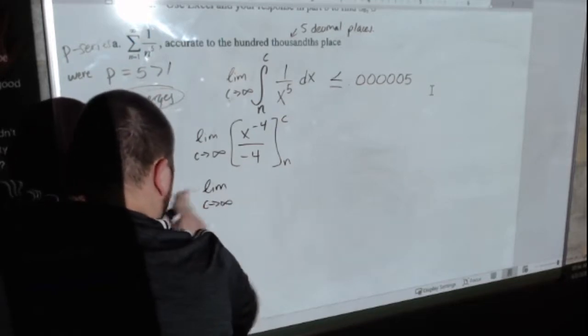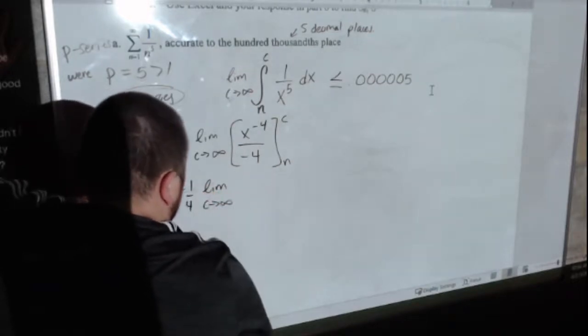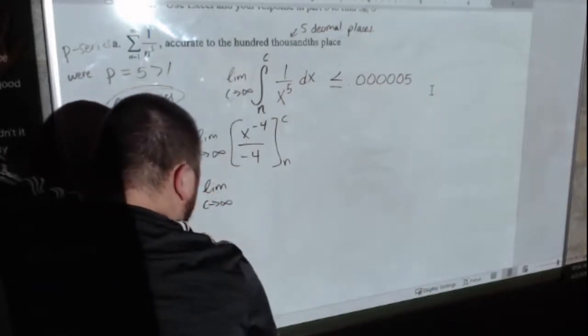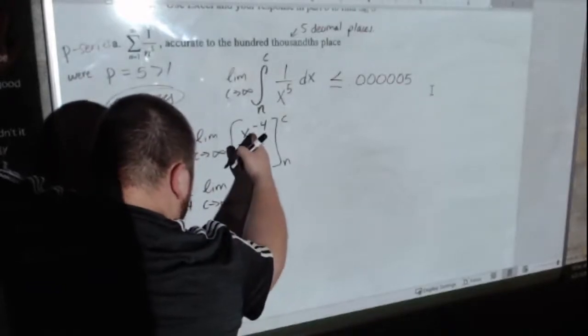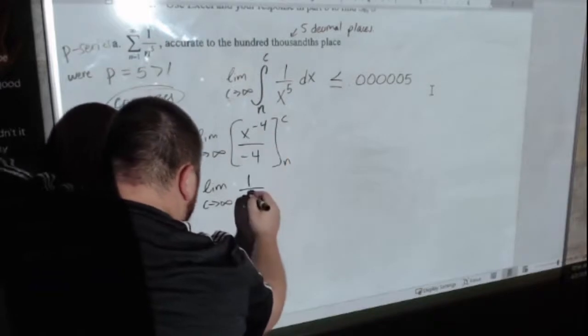I'm going to pull the minus 1/4 all the way out front, and this is now 1 over that quantity to the fourth.